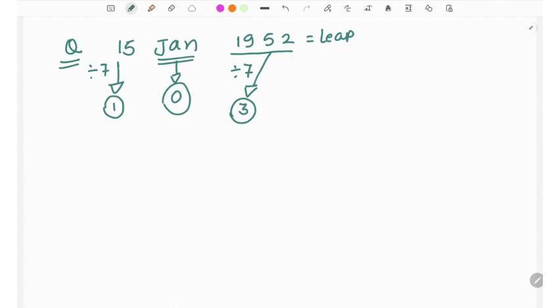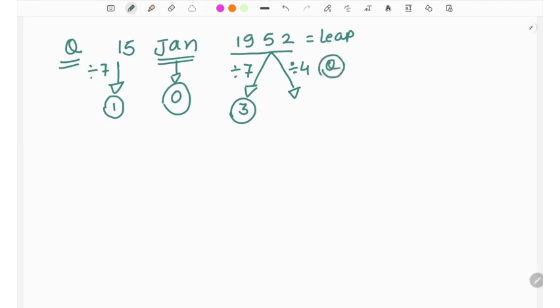Next step, we simply divide the given year by 4. As we saw in yesterday's concept, whenever we divide the given year by 4, we consider the quotient.